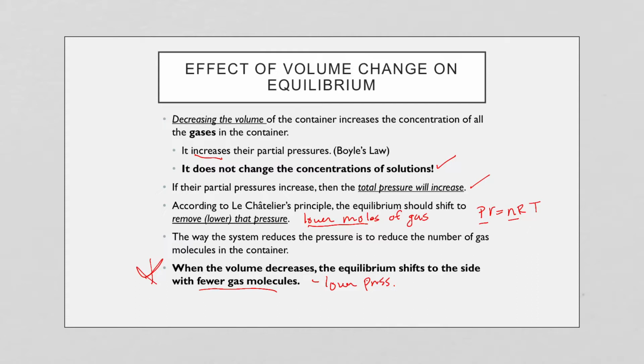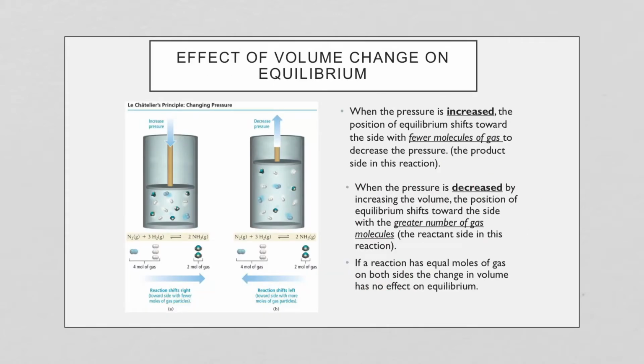Let's look at this in a little bit of a picture. This is the scenario we were just looking at: I lowered the volume, which caused the pressure to go up. So let's look at our reaction: N2 plus 3H2 goes to 2NH3.